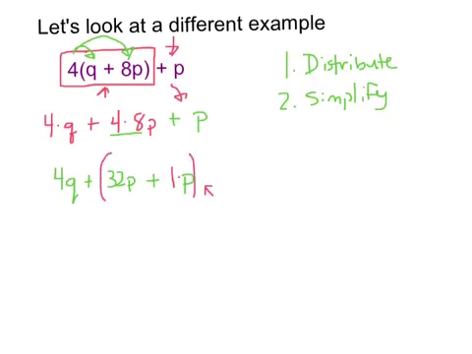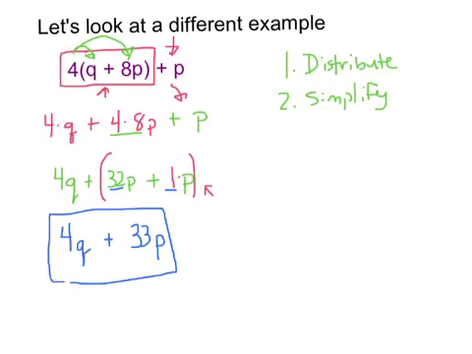So slap some parentheses around here and add like terms. And in order to add like terms, I add the coefficients and keep the variable. So 32 plus 1 is 33, add the coefficients, and then keep the variable. And again, I don't have like terms, and I have no parentheses, so therefore this is simplified.